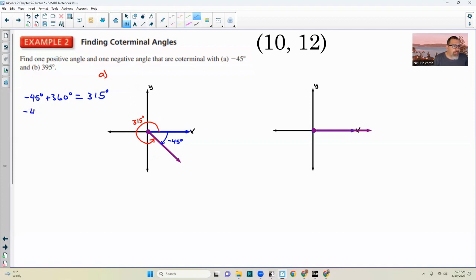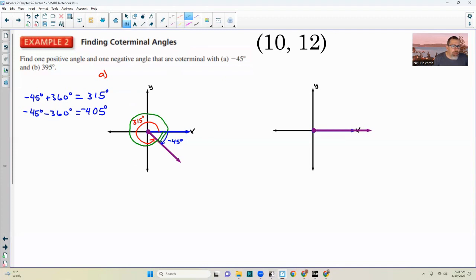So I'm going to say negative 45 degrees minus 360 degrees is going to equal 5 plus 0 is 5. 4 plus 6 is 10, carry the 1. So that's going to be a negative 405 degrees. So what that means is I'm going to start at my initial side and I'm going to go around like so. Here's 360 degrees.